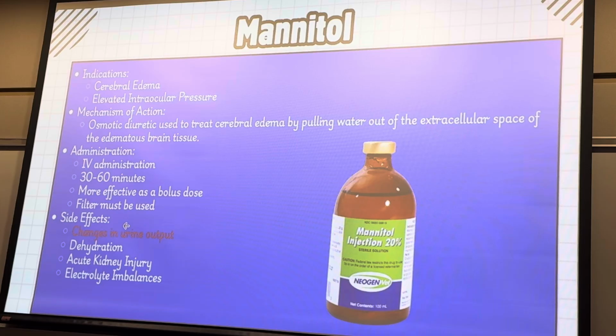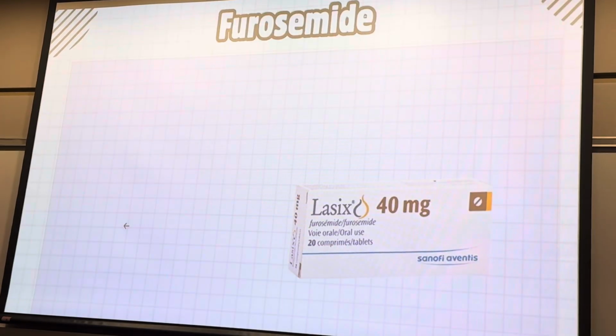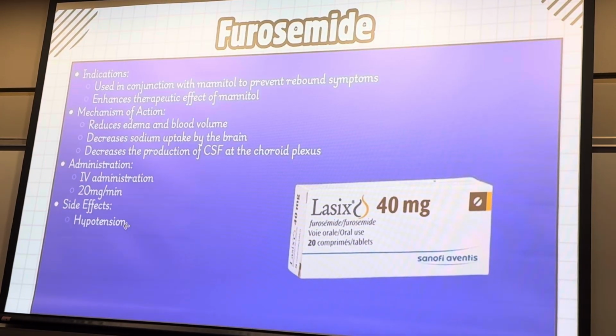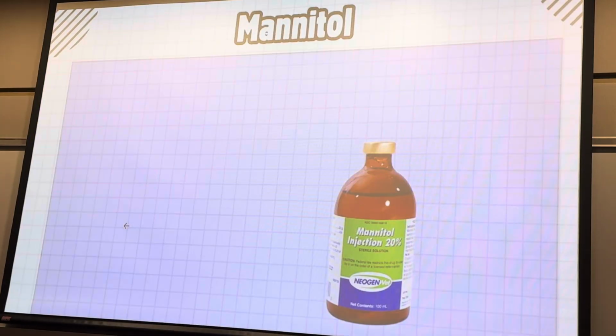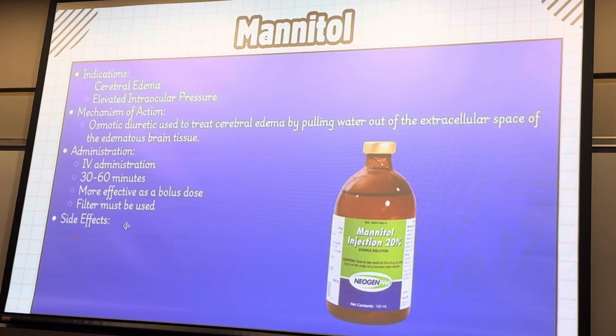It's an osmotic diuretic, so it pulls water out of the extracellular space, which helps decrease that swelling within the brain tissue. And then I can combine it with furosemide for a diuretic effect to flush out that extra fluid within that cerebral space.